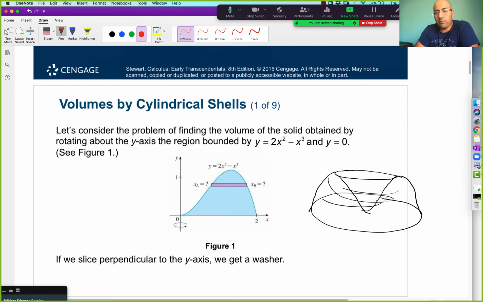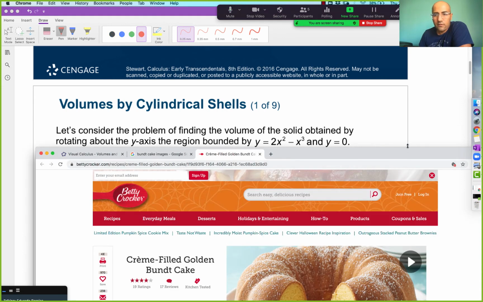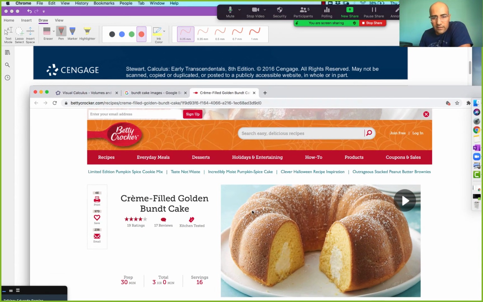Okay, so then the problem is with our technique that we've been doing, that if we cut it in this direction, if we come through and slice things, is it clear that if I slice it this way, I'm not going to get a coin? If I slice it this way, I'm going to get kind of weird shapes, right? If we go back to this image over here, if I cut it this way, I'm not going to get coins.